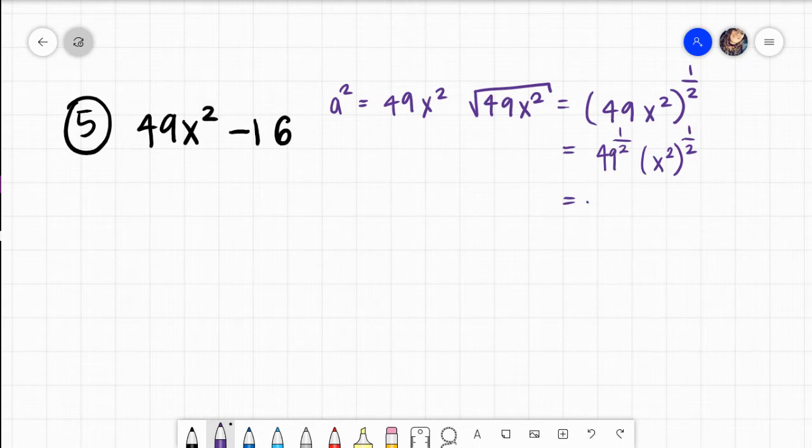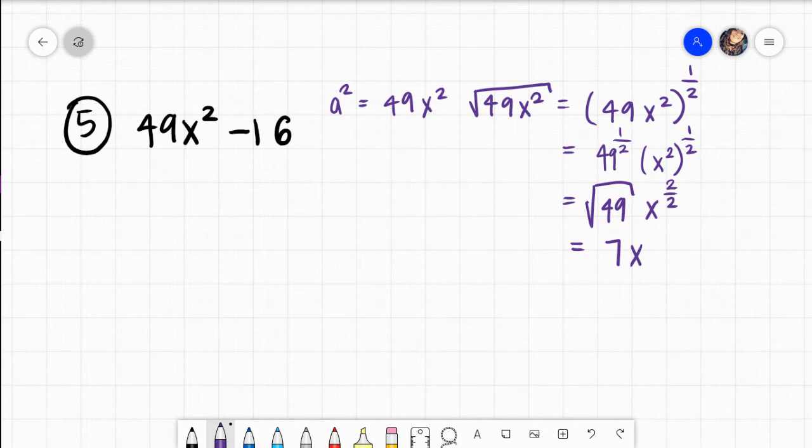It's 49. So I could actually take the square root of 49, and then right here, we multiply our powers, right? I get x, 2 times 1/2 is 2 over 2. The square root of 49 is 7. X to the 2 over 2 becomes just x, okay?